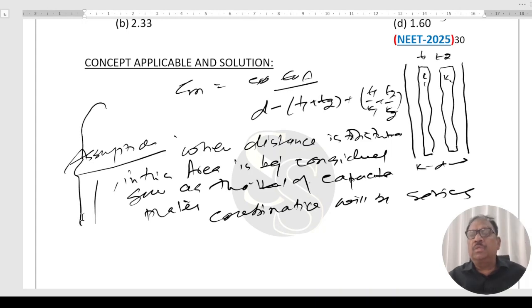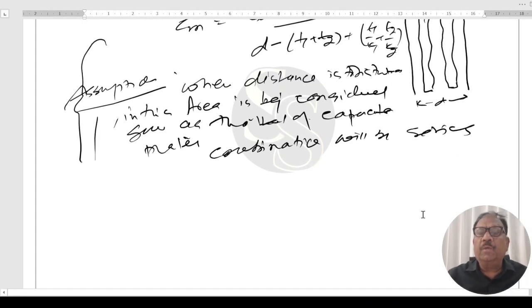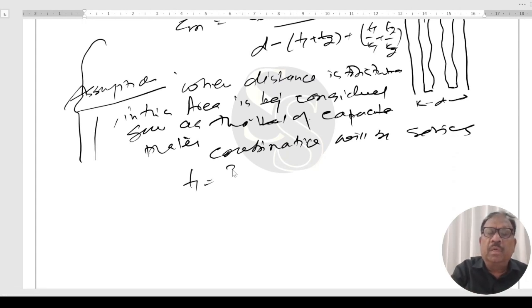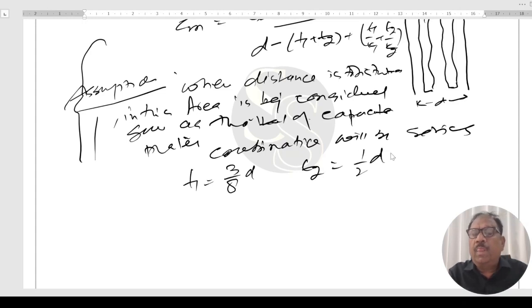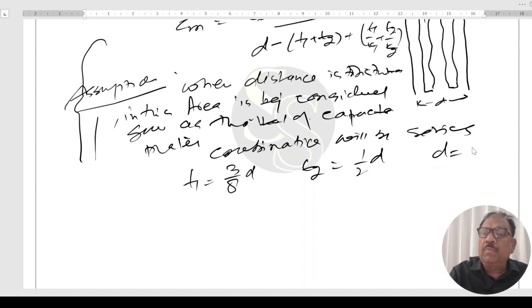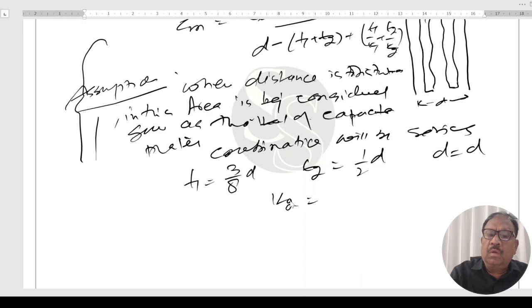Here T1 is 3 by 8 d, T2 is 1 by 2 d, and the gap is d. K1 equal to 1.25 K2.